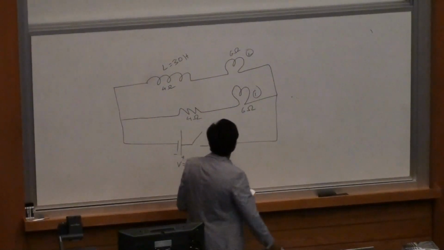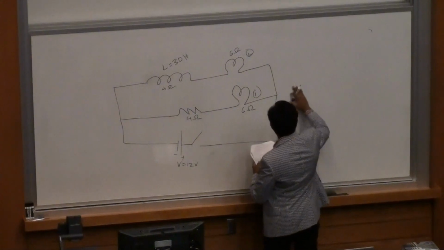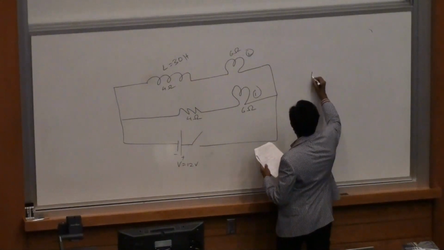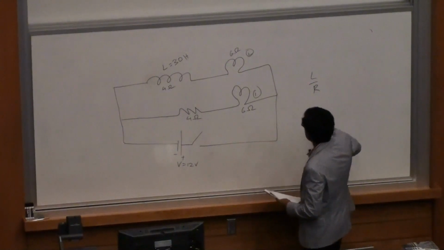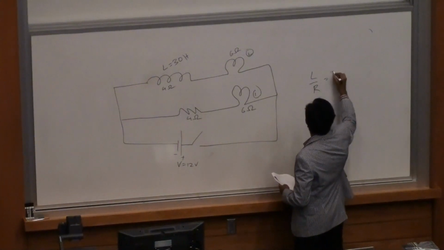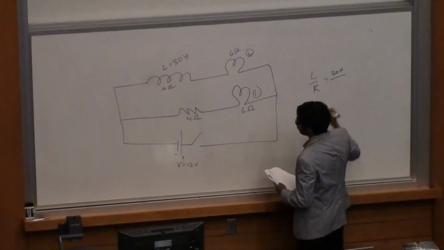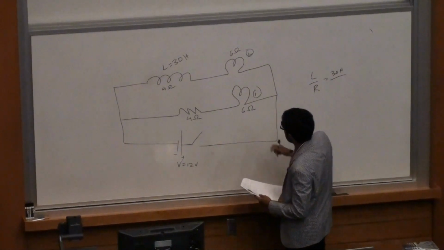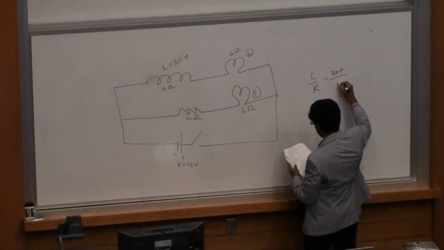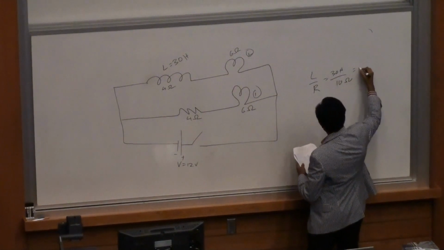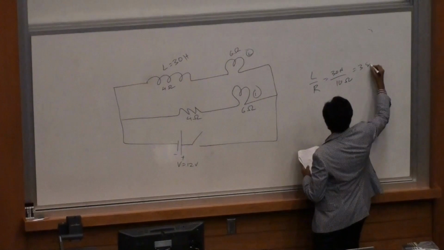So if we look at the time constant, L over R, L is 30 henries over the total resistance. You have 6 and 4, that's going to be 10 ohms. So this is going to be on the order of 3 seconds.